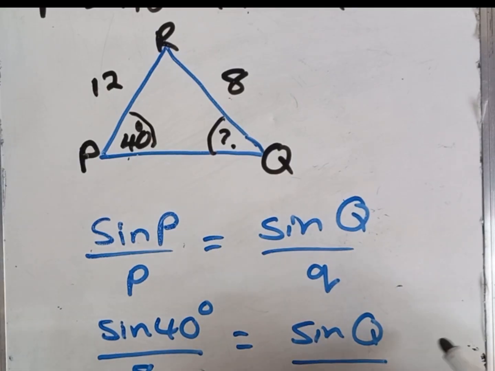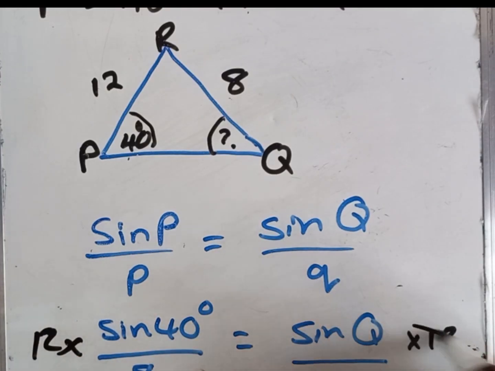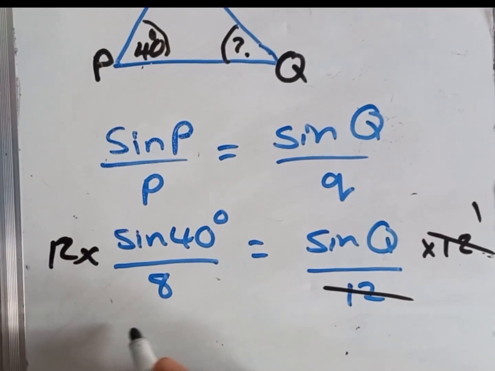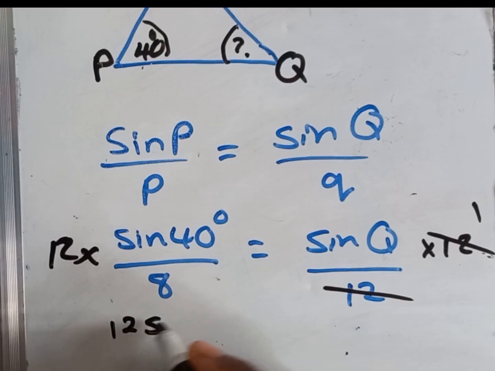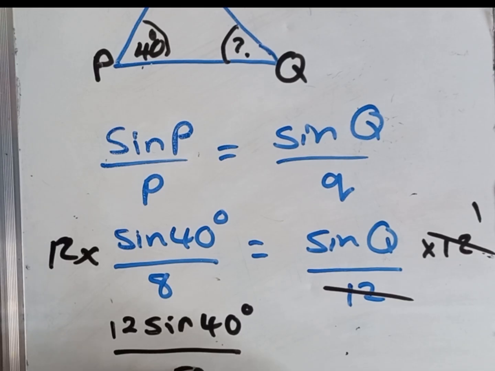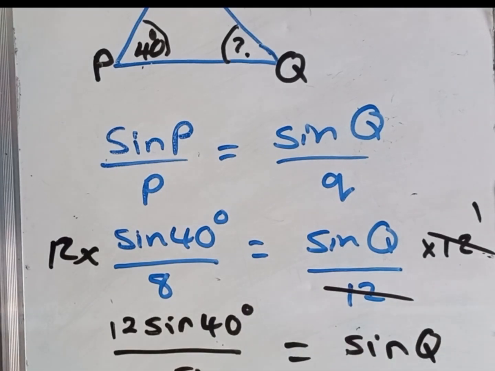I've decided to choose to multiply both sides by 12. So here 12 cancels out with 12, and sine Q remains on the right side. So here we have 12 sine 40 degrees over 8 is equal to sine Q.